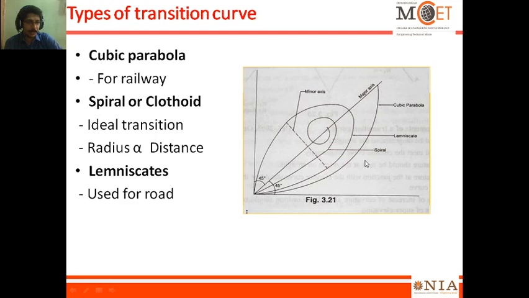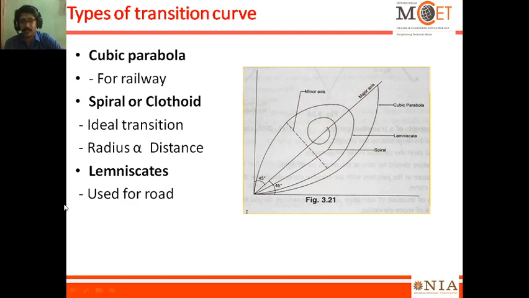Since a sharp turn like this cannot be operated by a train on a railway track, the cubic parabola is majorly adopted for railway curves, and the spiral or clothoid, this way or somewhere else, is adopted wherever in the highways, right?